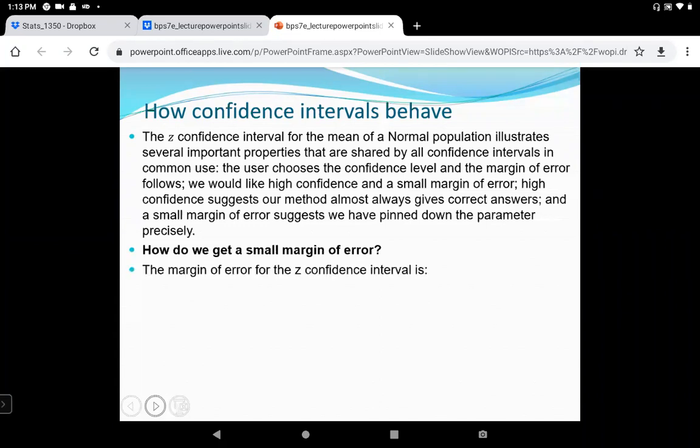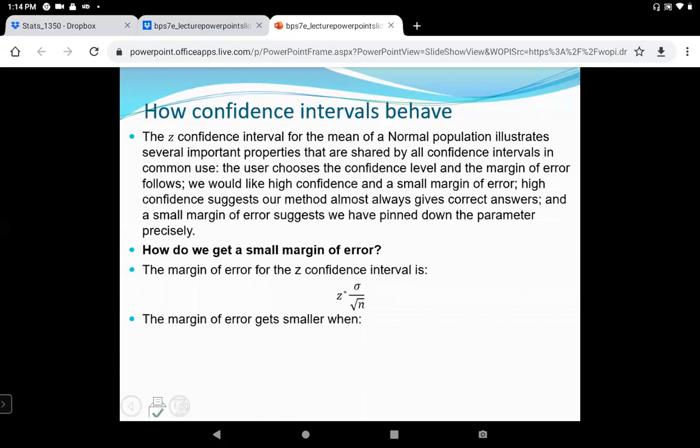The margin of error for the Z confidence interval is Z star times sigma divided by root n, where Z star is the critical value based on your level of confidence, sigma is the standard deviation of the population, and square root of n is the square root of your sample size.